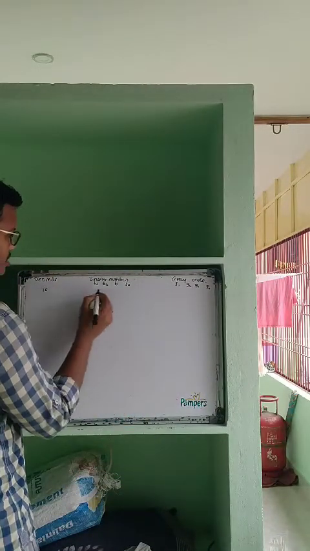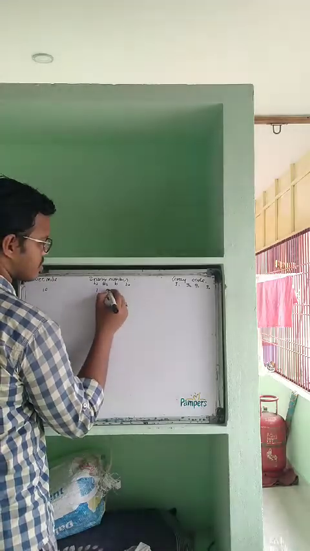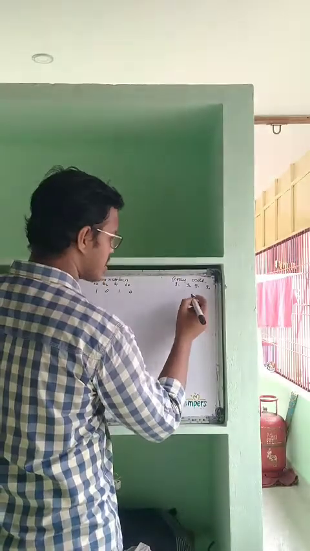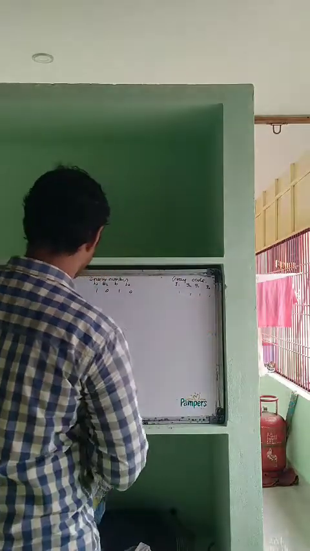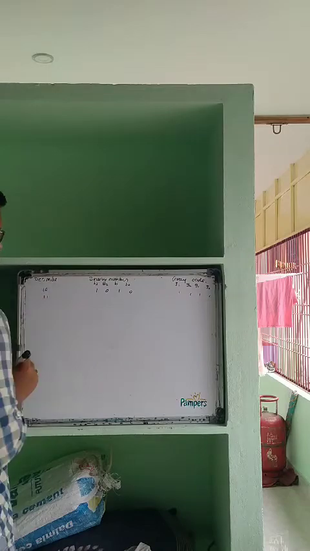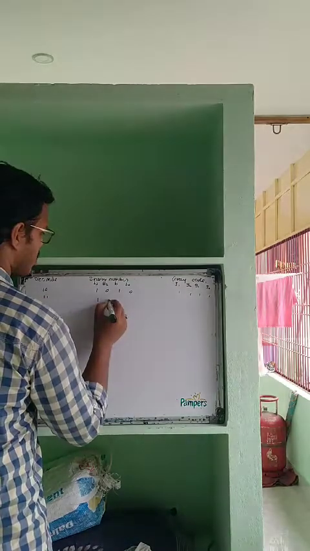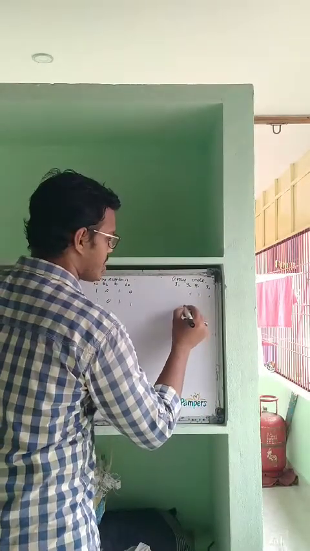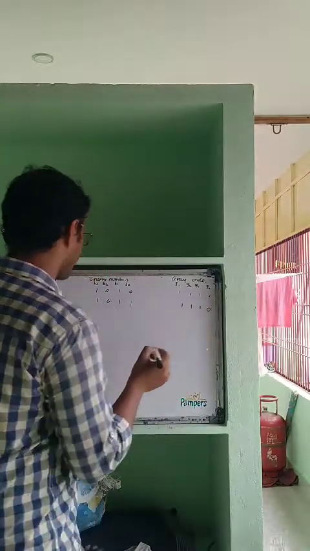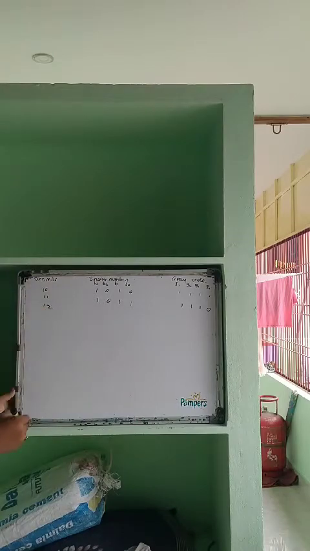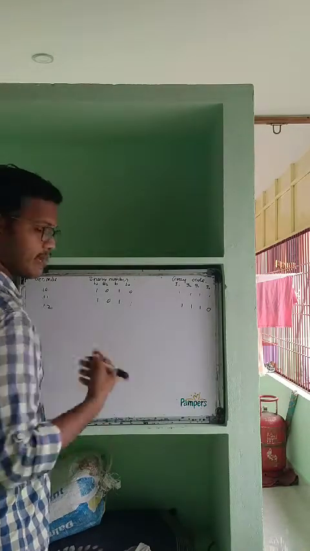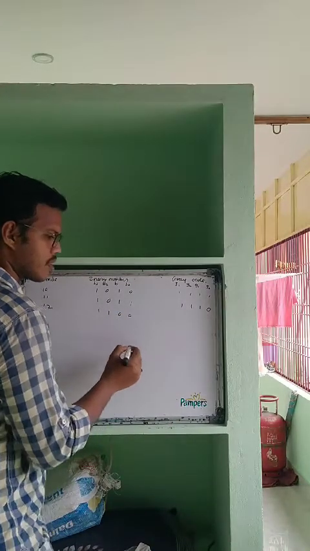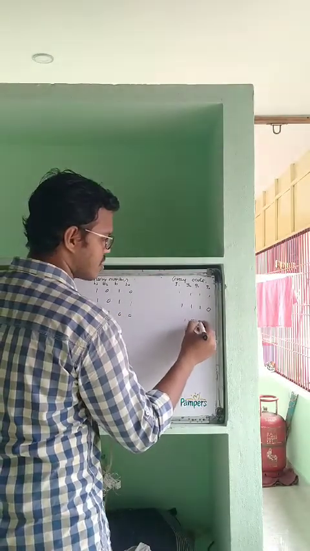Next one is 10. 10 can be written as 1 0 1 0. In gray code, it is written as 1 1 1 1. 11 can be written as 1 0 1 1. In the gray code, how do we write? 1 1 1 0. 12 can be written as 1 1 0 0. Here it can be written as 1 0 1 0.